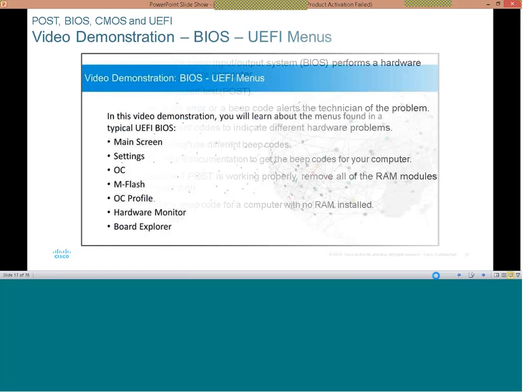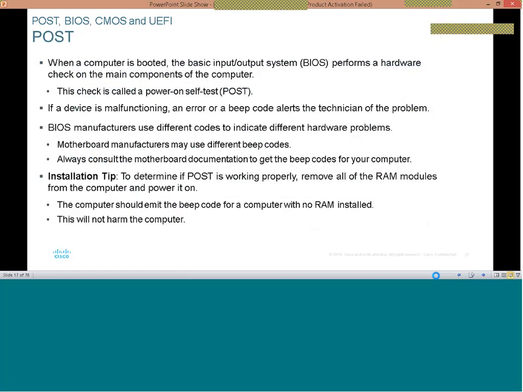So when the computer is booted, the basic input-output system, which is the BIOS, performs a hard check on the main components of the computer. It has to do this check to see if every other component is in place and actually functioning well. And so these are instructions that are already preset from the manufacturer, and they tell the manner the system must follow each time it's being booted.